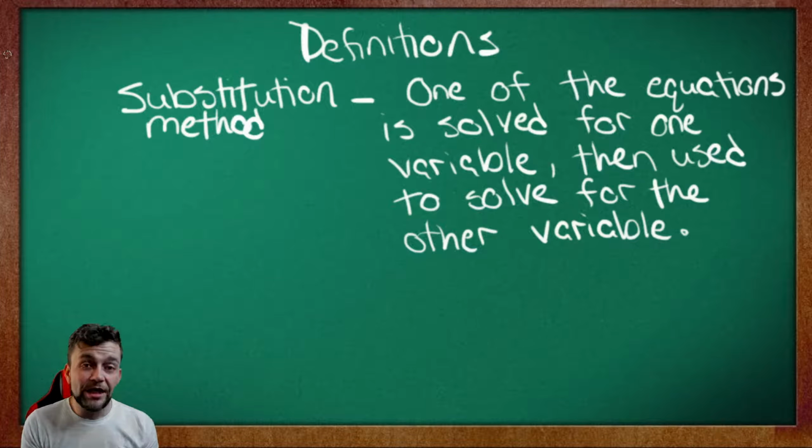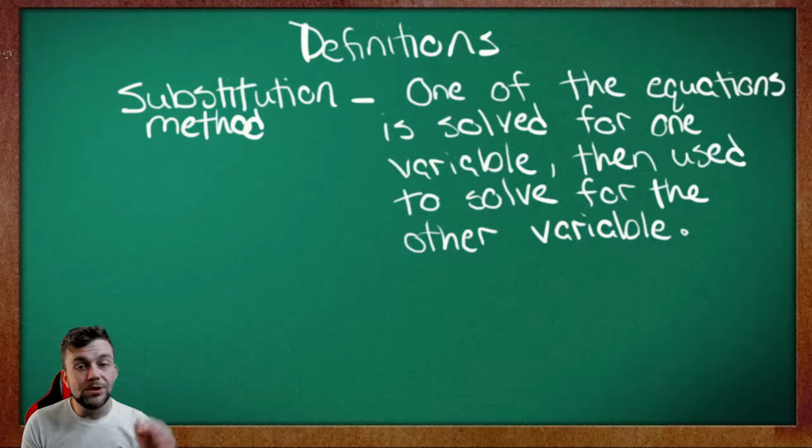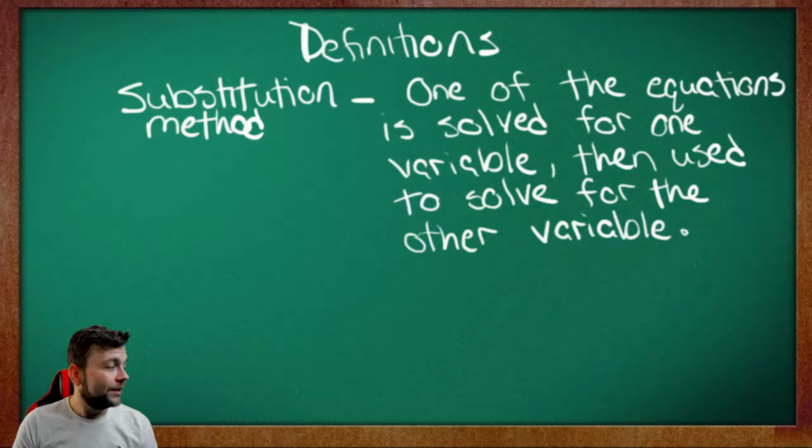We're going to change the way that one equation looks to where it's either x equals or y equals, or whatever letter they are having you use, and you're going to set it equal to the other side, right? So x equals a bunch of junk, y equals a bunch of junk. And then you're going to take that equation and plug it into your other one and solve. So let's go ahead and take a look at our example problem.